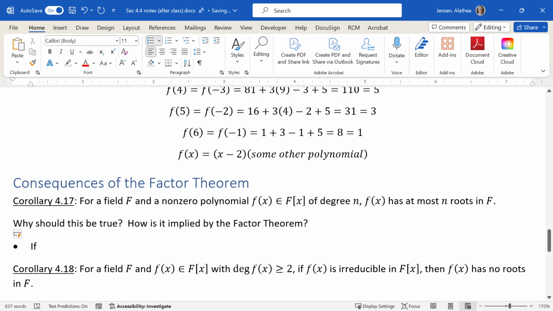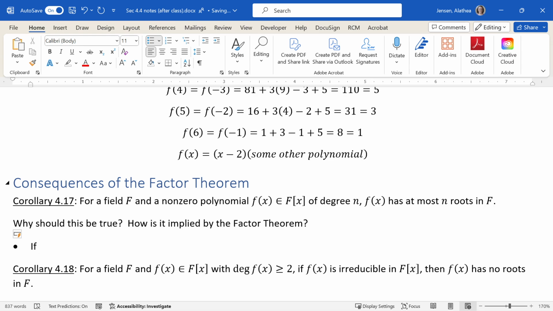You can rephrase this as if f of x has degree n, then f of x has at most n roots. So then thinking about the contrapositive version, if f of x has more than n roots, then f of x has more than degree n, or just not degree n.